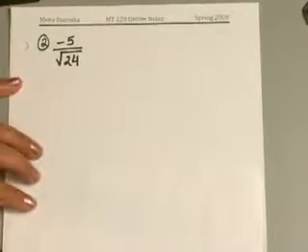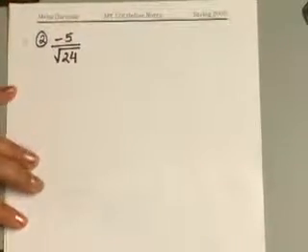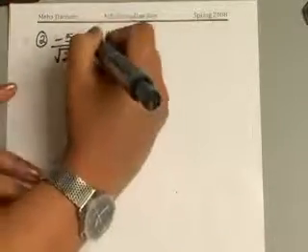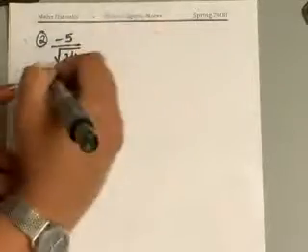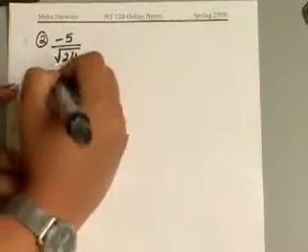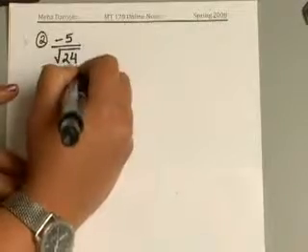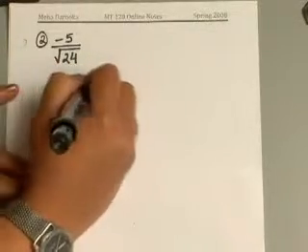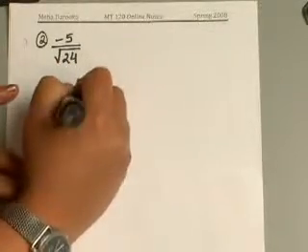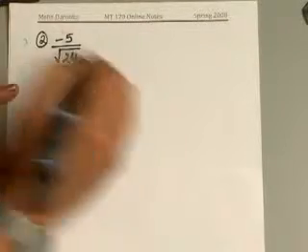Now, if you look at square root of 24, you should be able to see that maybe this is one of those denominators that I can simplify before I go ahead and start solving this problem. So how about we go ahead and, let's say, break down our negative 5 over square root of 24. I can write 24 as 4 times 6.